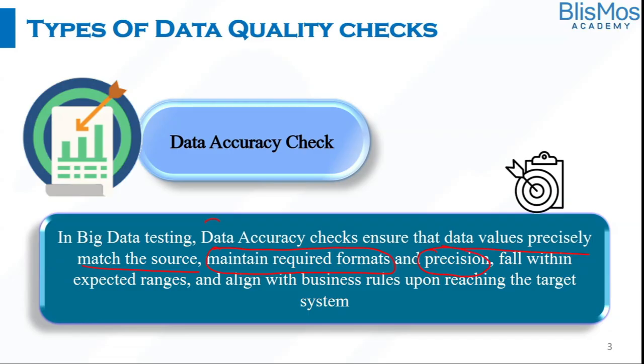Is it more than that or less than that? Data should fall within expected ranges and align with the business's rules upon reaching the target systems. So all in all, it ensures that data values match the source, formats are proper, there is precision, and the data falls within ranges, and all the business rules are taken care of.